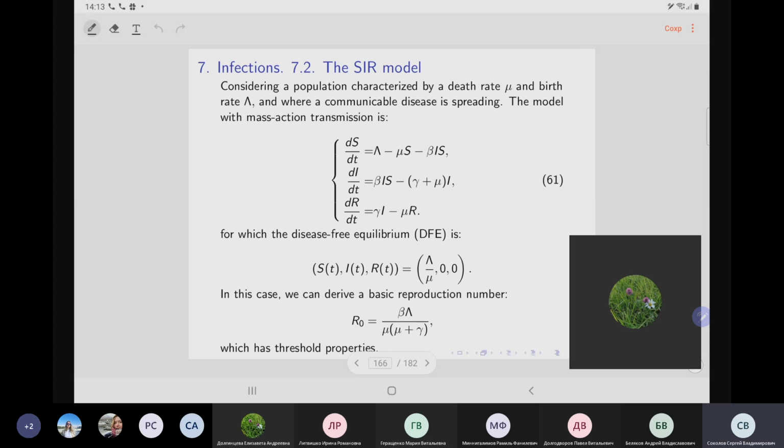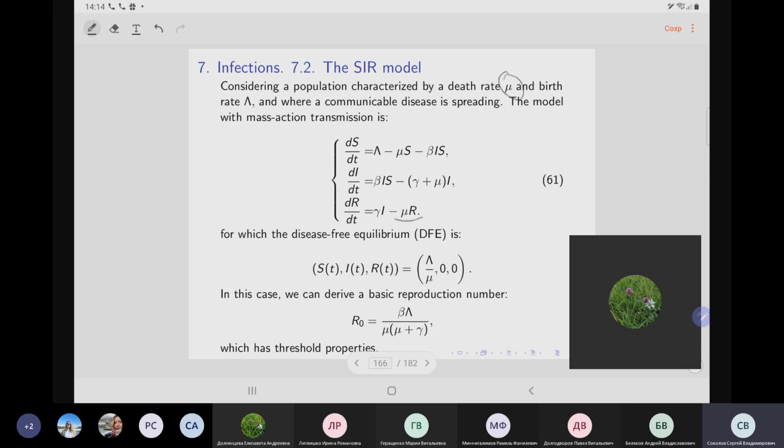If the disease is long enough and it lasts for ages, like AIDS, for example, then we have to take into account the death rate in our population, the death rate in all cases.